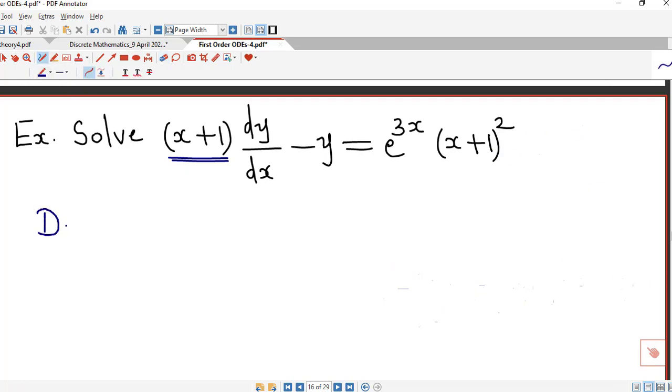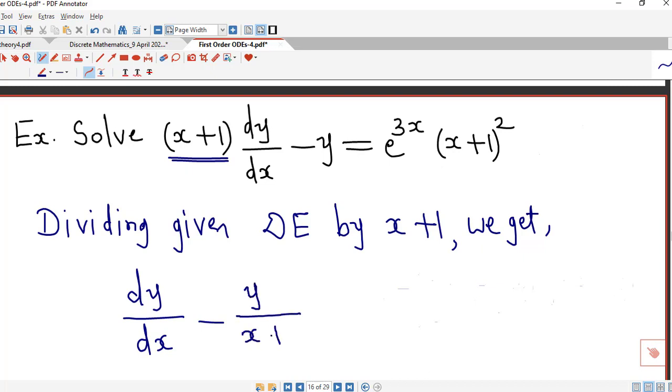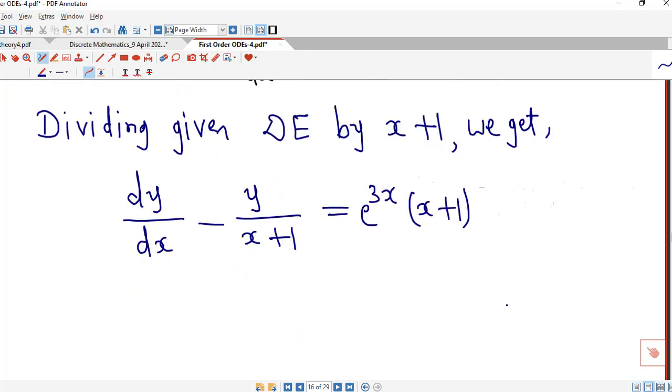So first, dividing the given differential equation by x plus 1, we get dy by dx minus, here y is divided by x plus 1, here (x plus 1) square divided by x plus 1, that is x plus 1.